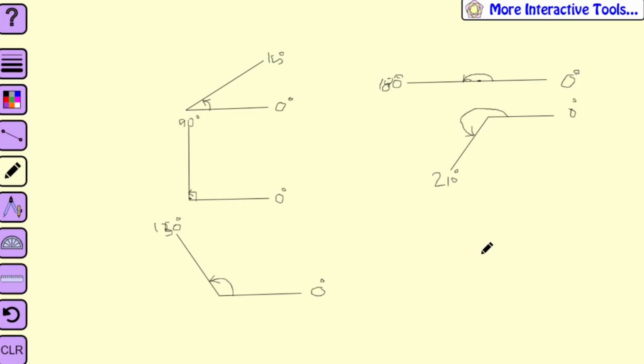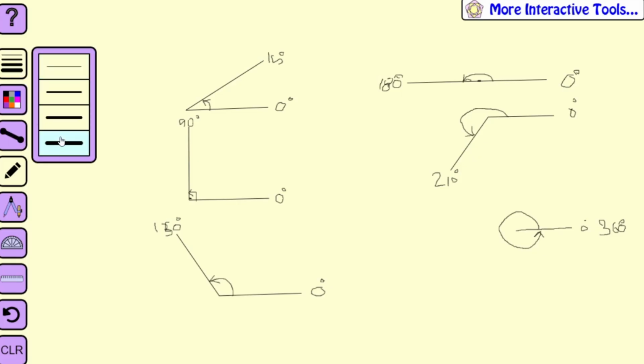The last angle we have is one that starts right here at 0 and then goes all the way around to 360. So 360 is pretty much a full rotation, and because of that we call this angle a full rotation angle.